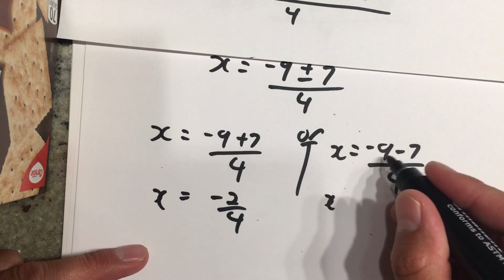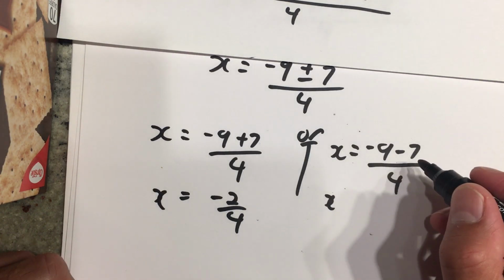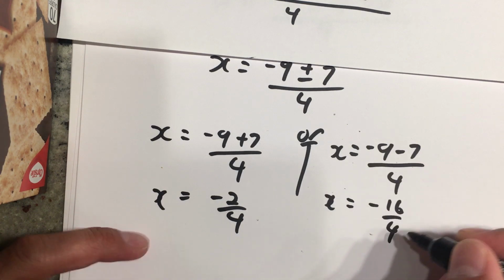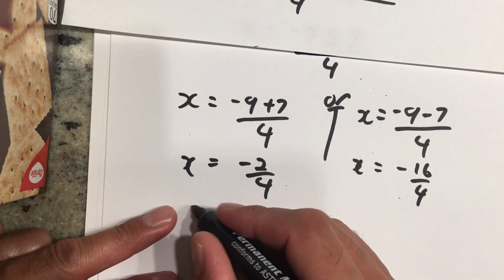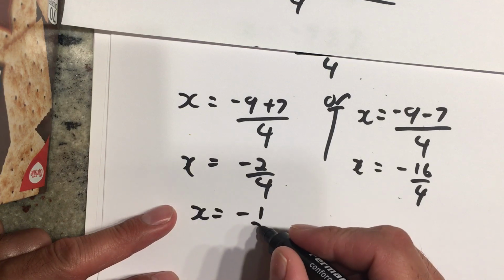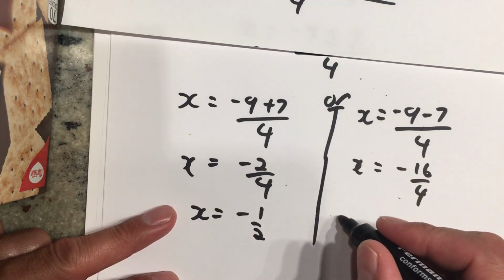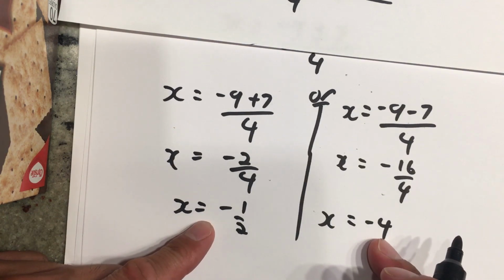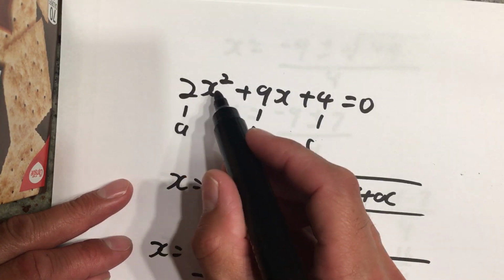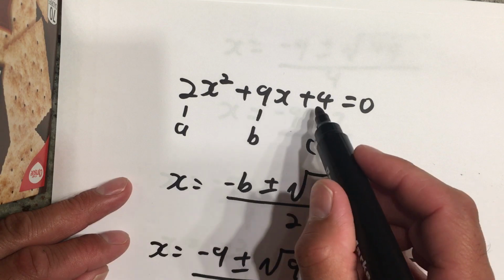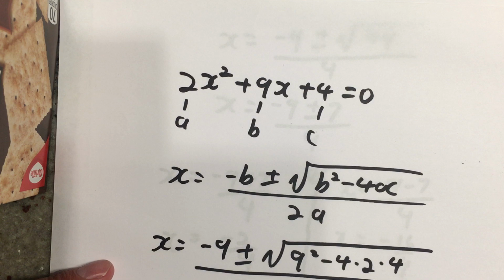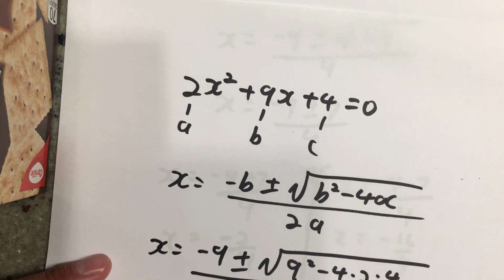And over here, negative 9 minus 7 is negative 16, so this is negative 16 over 4, which makes x equal to negative 1/2, or x equal to negative 4. Those are the two solutions to the quadratic equation 2x squared plus 9x plus 4 is equal to 0 using the quadratic formula.